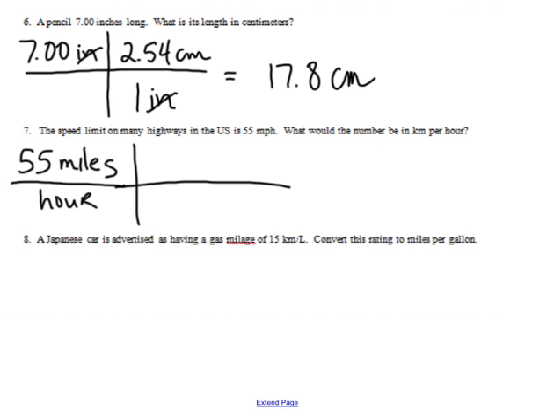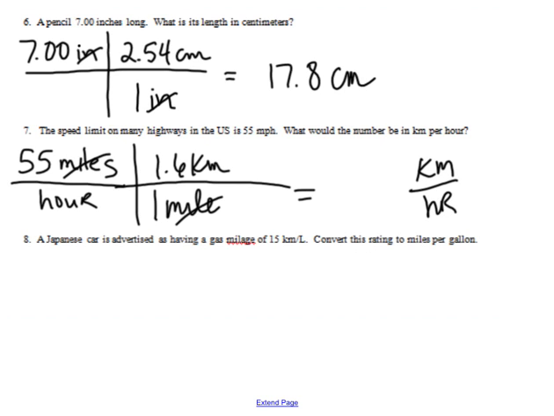So where do I put miles? 1 mile on the bottom, 1.6 kilometers. My miles cancel. And to 2 sig figs, based on the given, how many kilometers per hour am I dealing with? 88 kilometers per hour. Okay?